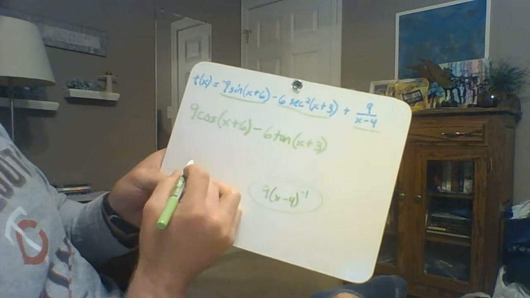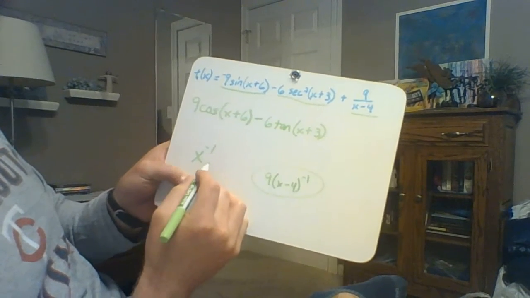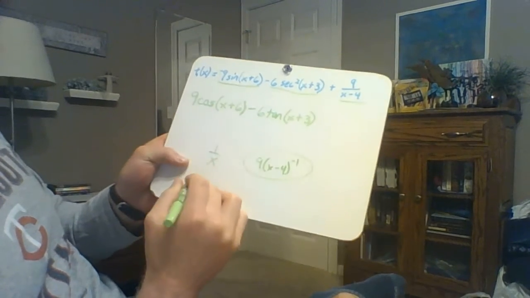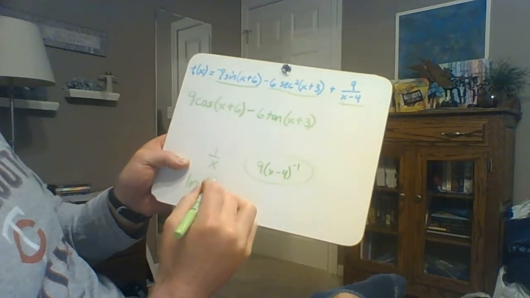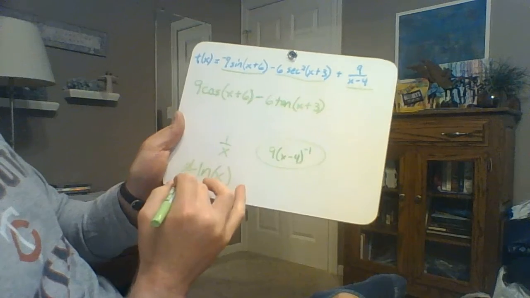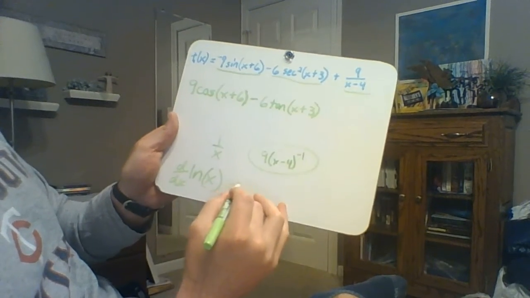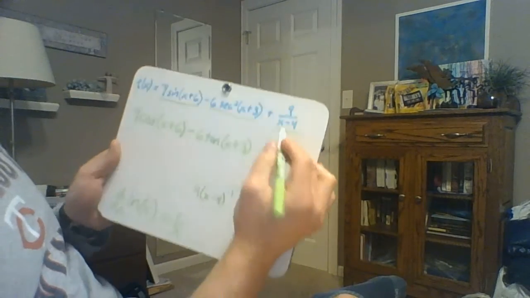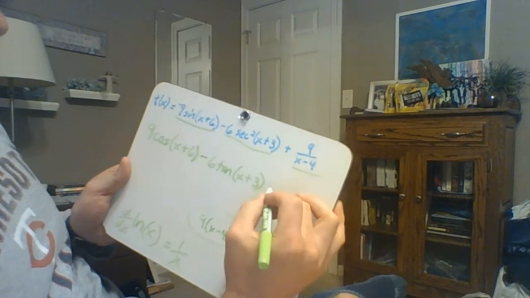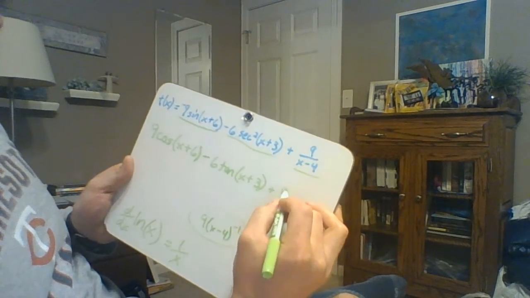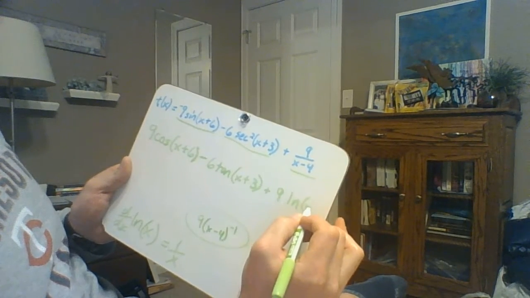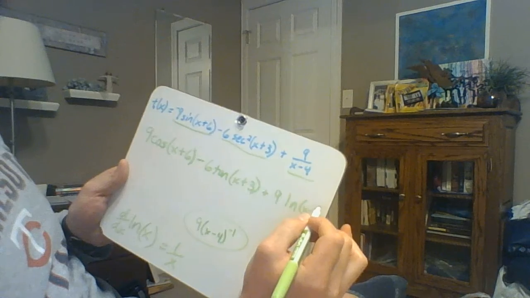If you have something like x to the -1, or in other words, 1 over x, that is the derivative of natural log of x. If you take the derivative of natural log of x, you get 1 over x. Okay? So in this case, the derivative that's going to give us this is 9 natural log of x minus 4.